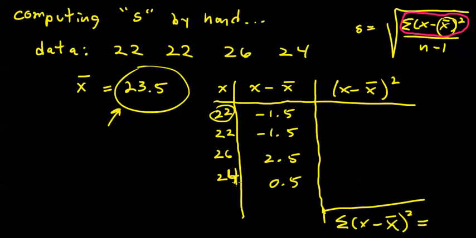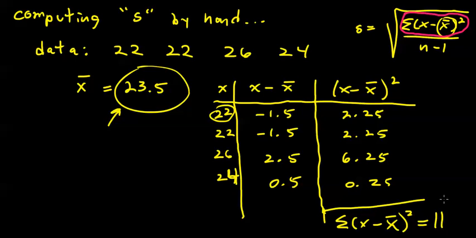Now I square each of these values. And if I add up now this third column, the difference from mean squared, I get 11, a whole number 11.